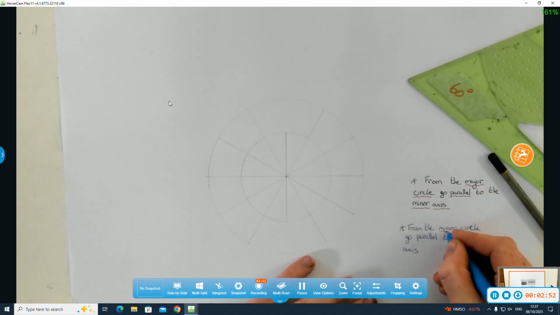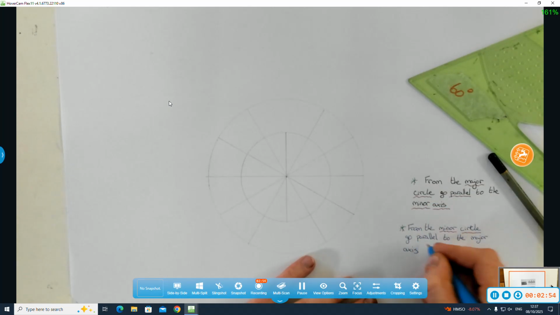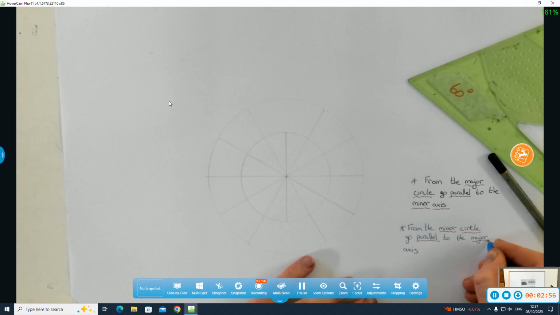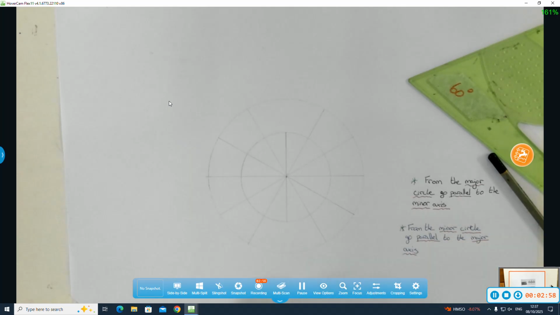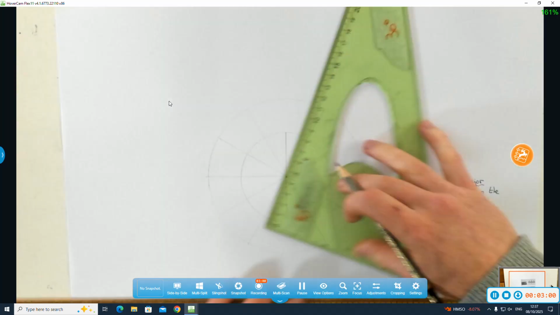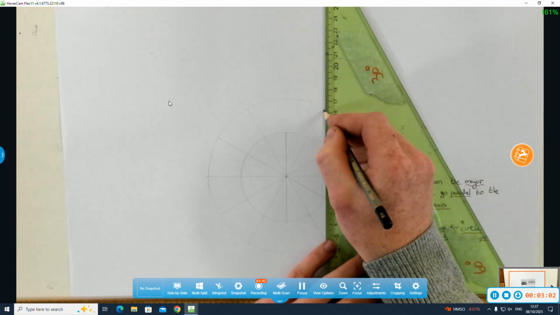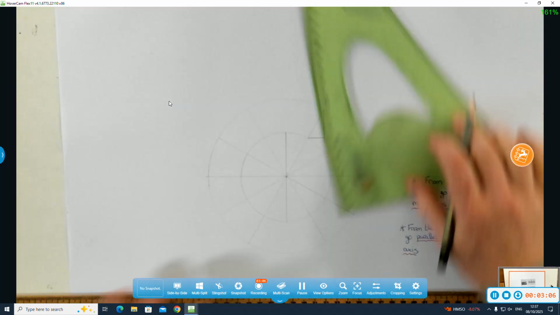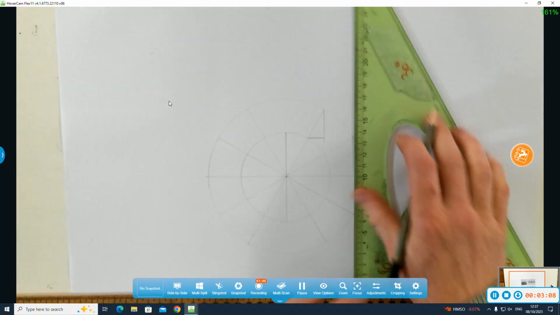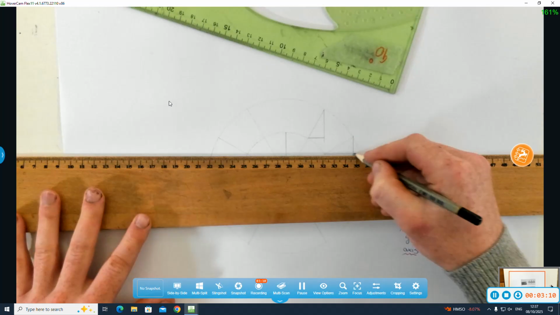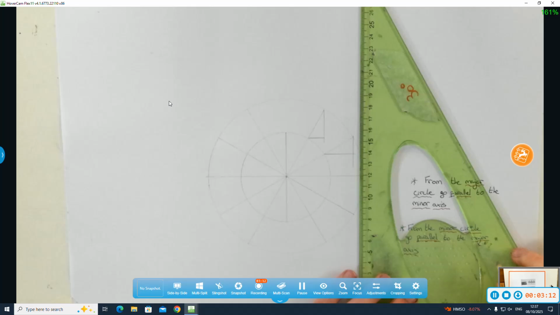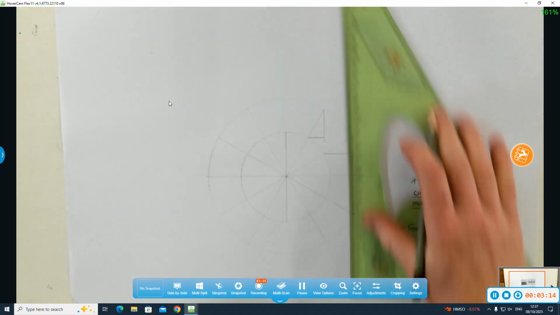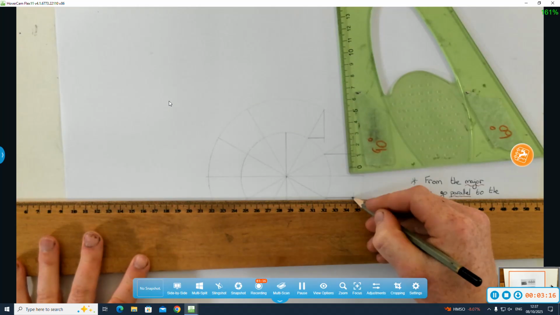From the minor circle, go parallel to the major axis. Okay? So from the major circle, parallel to the minor axis. From the minor circle, parallel to the major axis.